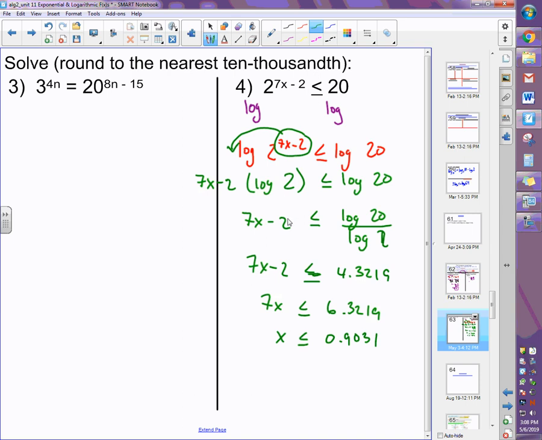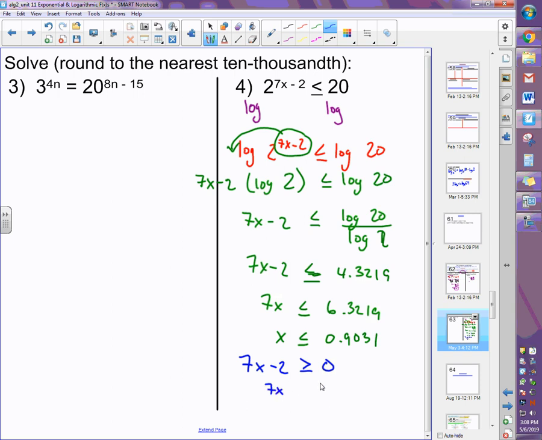The extra step is to take the term 7x minus 2 and check to make sure it's greater than 0. So let's do that. 7x minus 2, we're going to check that it's greater than or equal to 0. So that means add 2 to both sides.